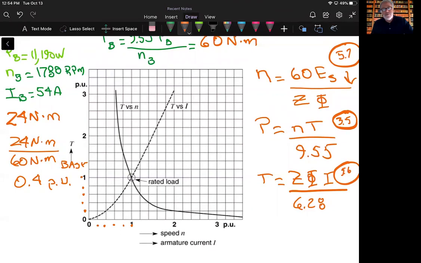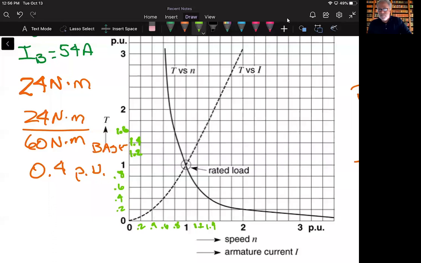Otherwise, we could also do this through some mathematical manipulations, but the curves are so much easier to use than making this just a mathematical thing. We visualize it too, which I think is neat. Okay, so I modified our curve a little bit so we could see these values.